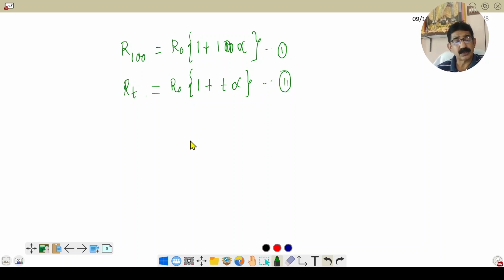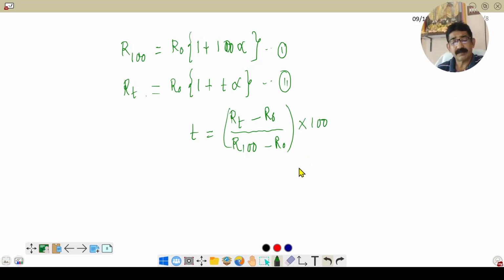From these two equations, we can directly write the value of T is equal to (RT minus R naught) by (R100 minus R naught) into 100. So these two equations give this formula, and we already have the values.